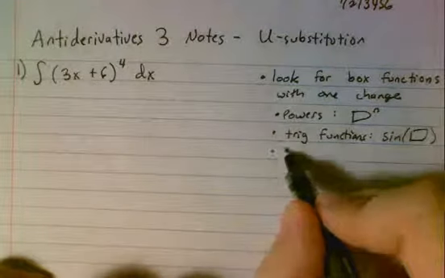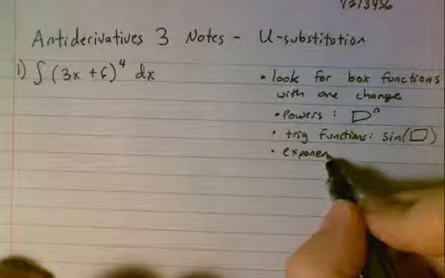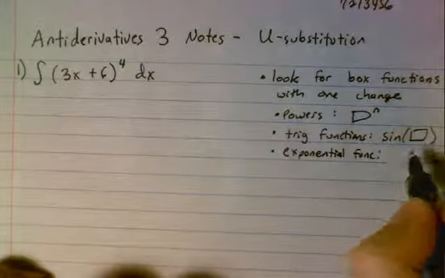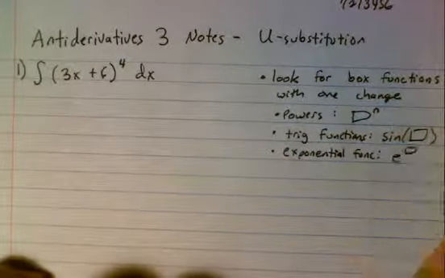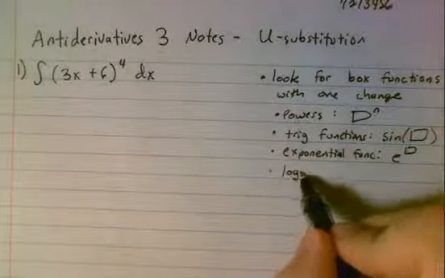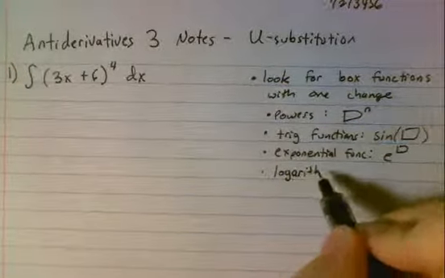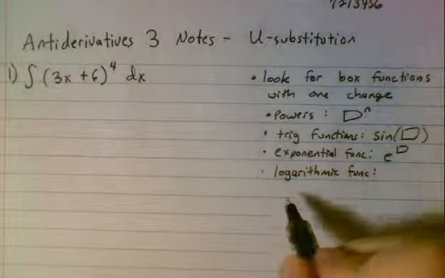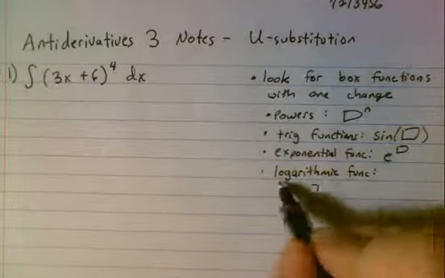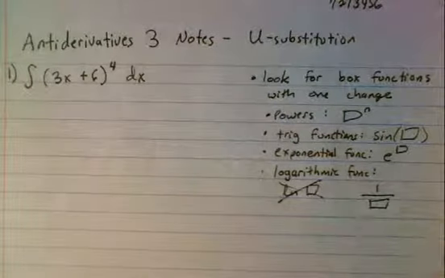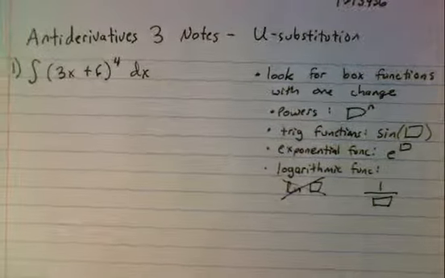We're still going to have exponential functions, so that's like e to the power of something. But instead of having logarithmic functions, so this was ln of box, instead of doing that, we're going to look for 1 over something that we can put in the box.